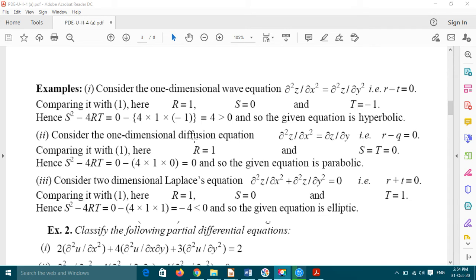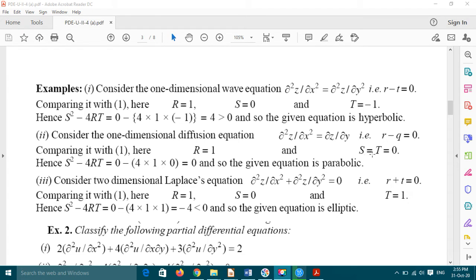Now come to the one dimensional diffusion equation. The one dimensional diffusion equation is written as ∂²z/∂x² = ∂z/∂y, meaning r − q = 0. In this differential equation, the terms containing capital S and capital T are absent.